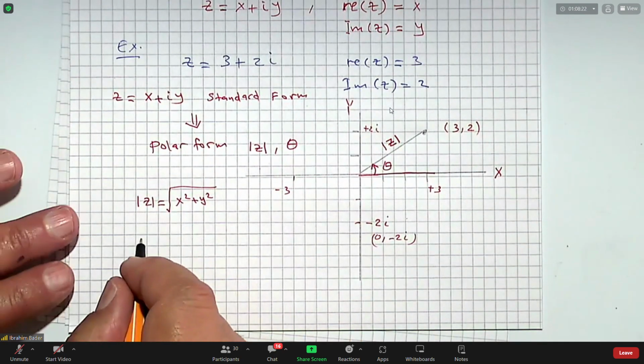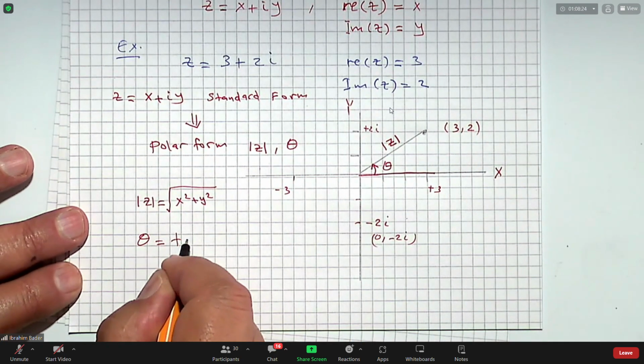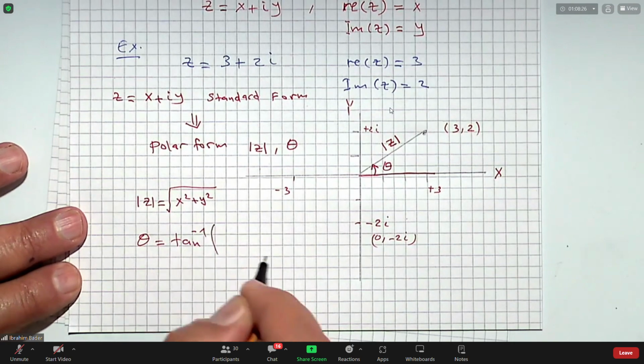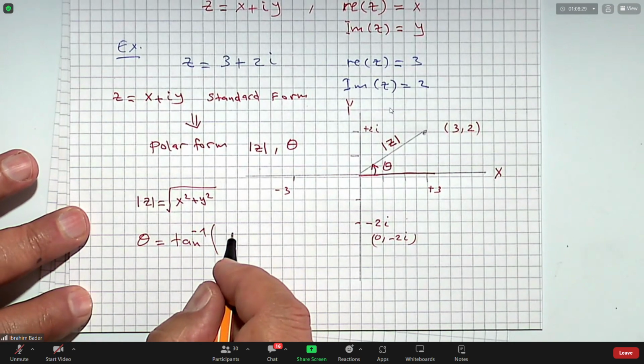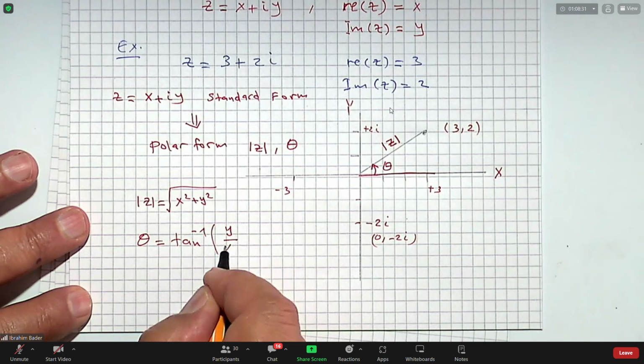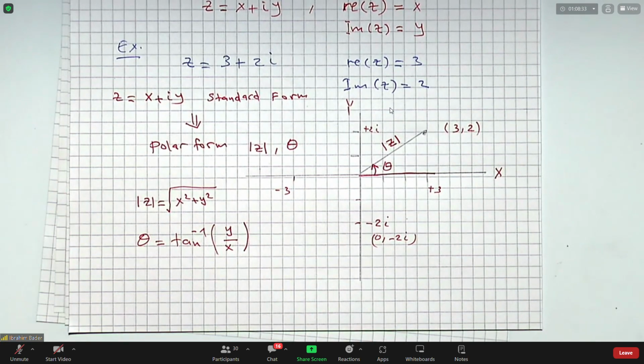And theta is arctan, or tangent inverse, of y over x. And also bear in mind, if you get a negative, then just like we did before, it could be in the second, third, or fourth quadrant, with the same ratio. I hope this is clear for everyone.